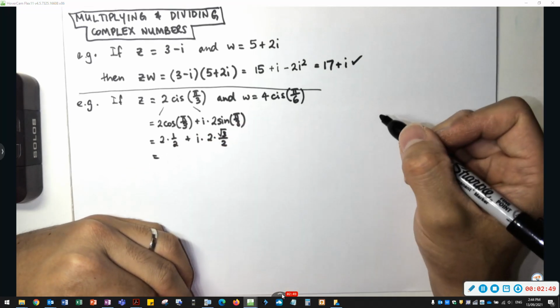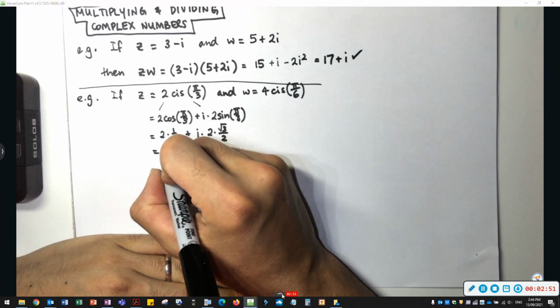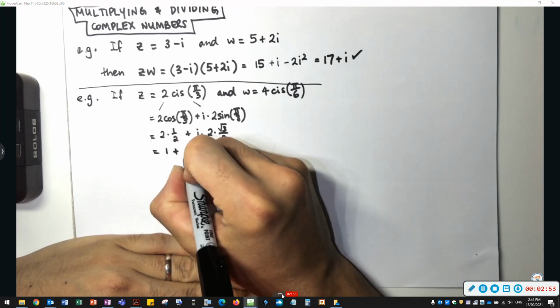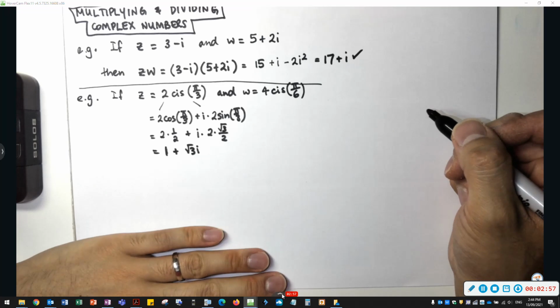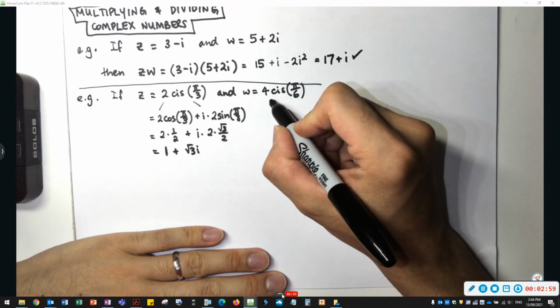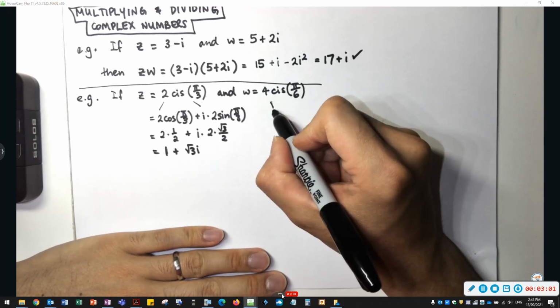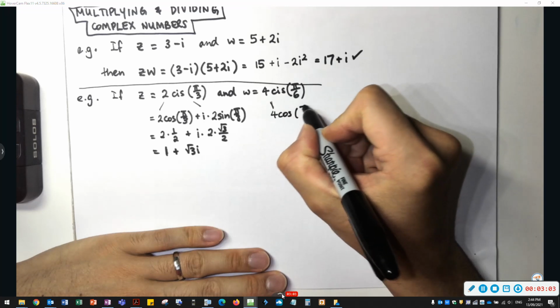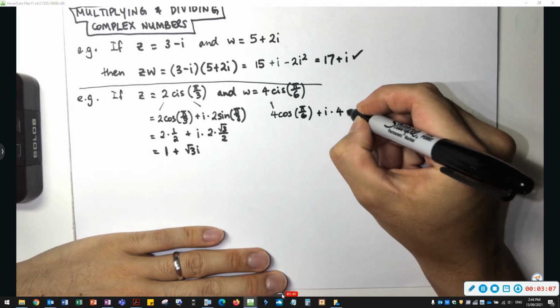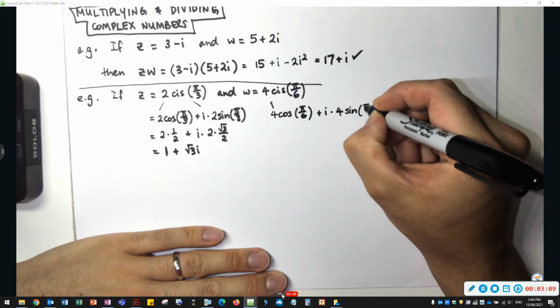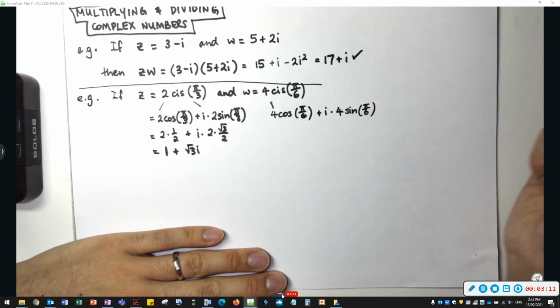You'll get good at trigonometry by doing these. Overall that's 1 plus root 3i.